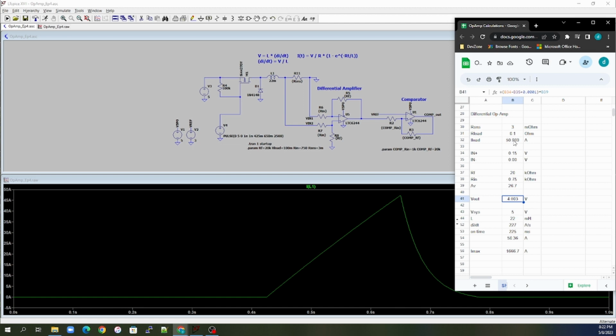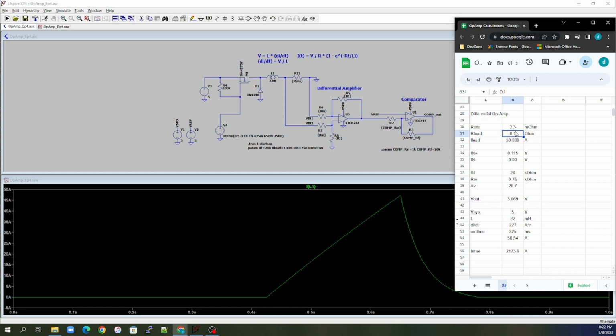So we can just change our sense resistor. If we change our sense resistor to, let's say, 2.5 milliohms, it goes down to 3.36. So let's go down a little bit more, 2.2. Okay, that's a little under 3, so we don't want that.